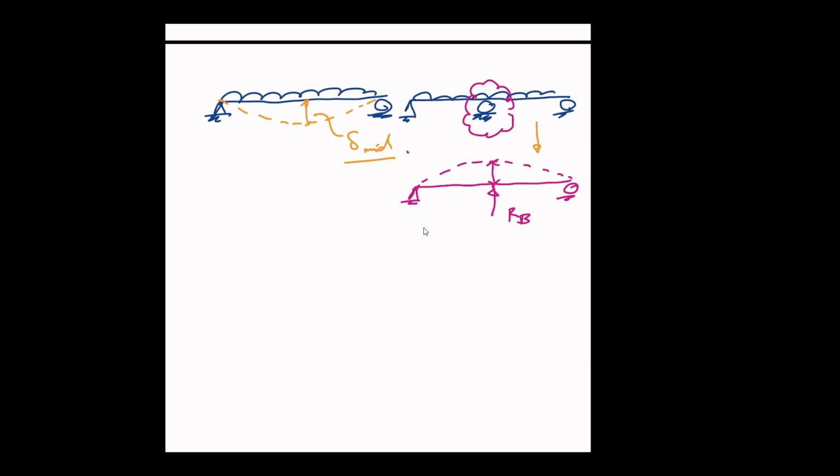Whatever this delta midspan is, this must be equal to the displacement caused by the reaction at B, so that you can truly have this situation where you have three supports. In other words, when you have this beam, you can break this beam into this one and that one.